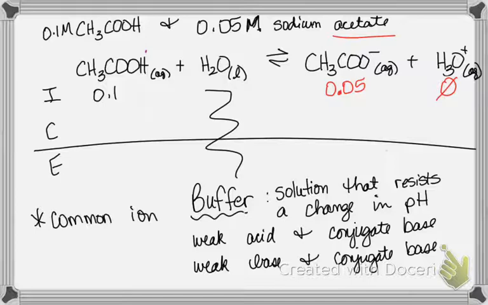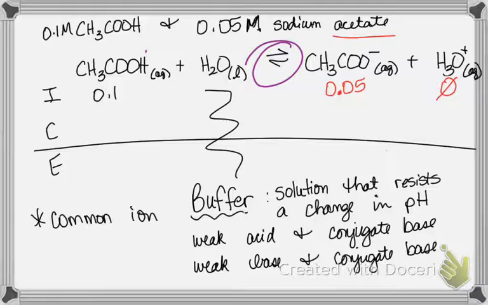And the reason these are buffer systems, the reason they resist a change in pH, is because they're equilibrium processes. And it goes back to Le Chatelier's principle from chapter 15. If you'll remember, Le Chatelier's principle said if you have a system at equilibrium and you apply a stress to the system, it will respond to relieve the stress.